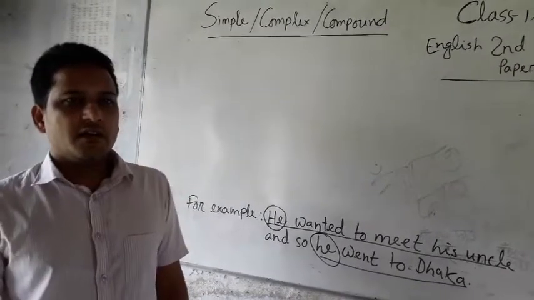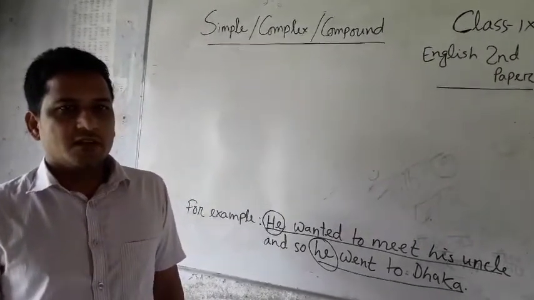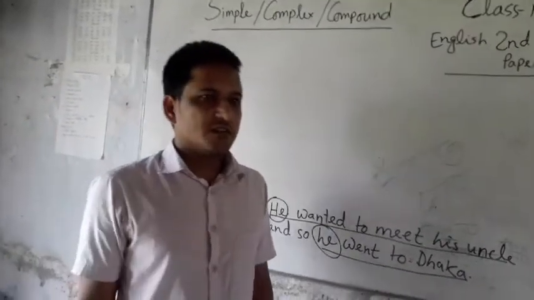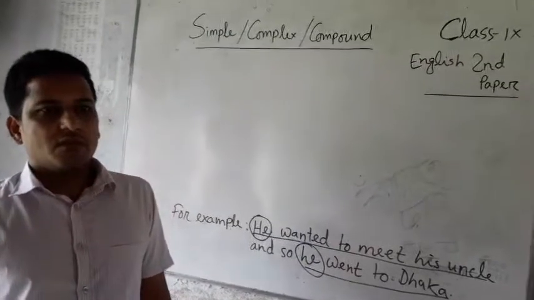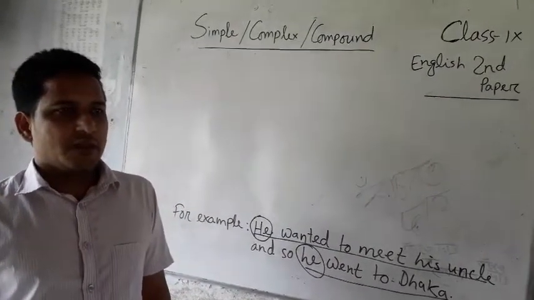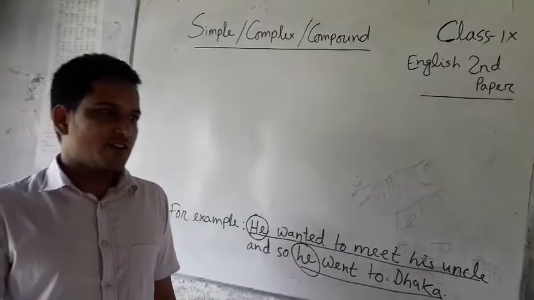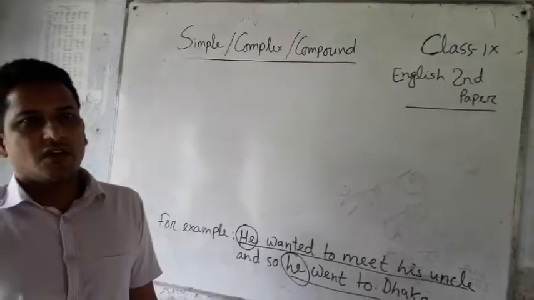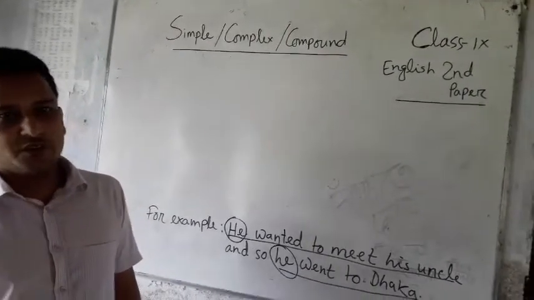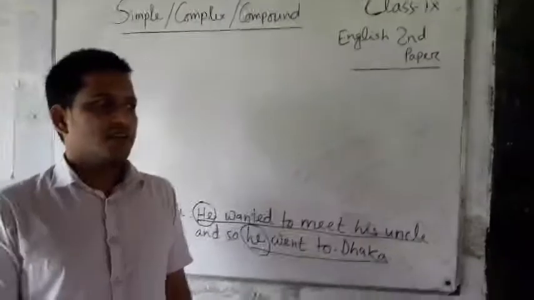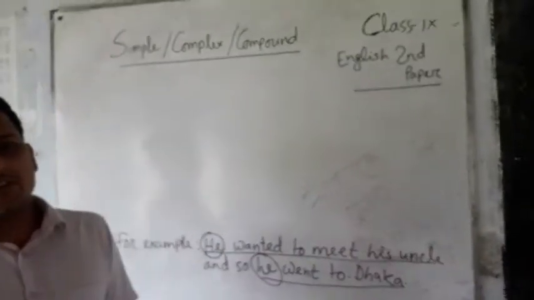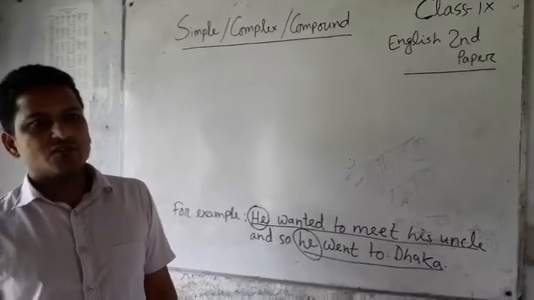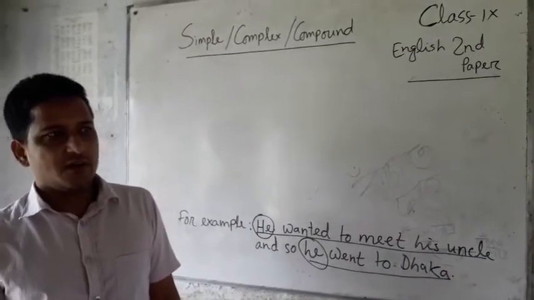Okay? And another thing is, at the time of changing simple sentence into complex or compound, you have to remember that if the first clause of the sentence is present, the second clause of the complex or compound sentence will also be present or future. But if the first clause of a sentence is past, the second clause will also be past tense.